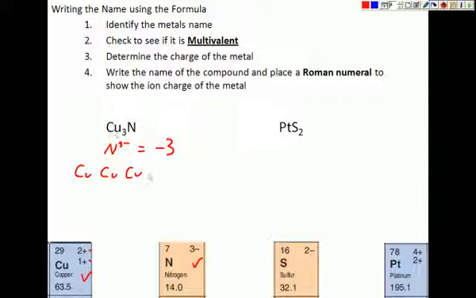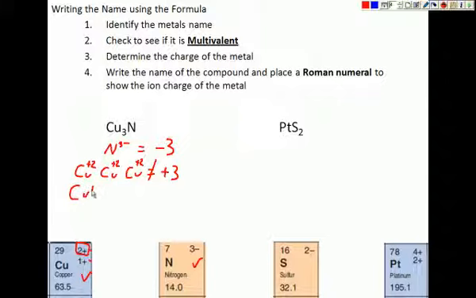We know that these 3 coppers have to equal +3. So if they were 2, using this ion right here, (2, 4, 6), this does not equal 3. So it is not this one.